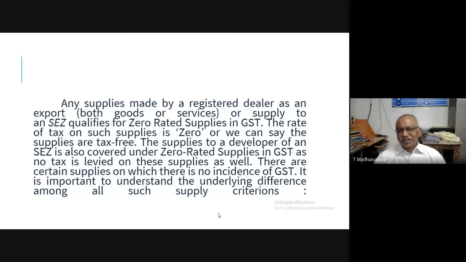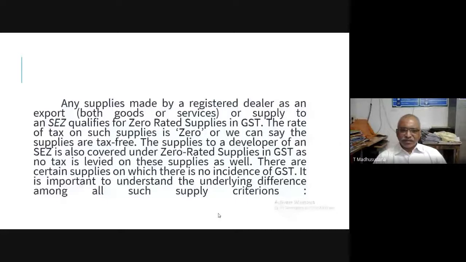So the supplies to SEZ units or SEZ developers will also be covered under zero rated supplies. There are certain supplies on which there is no incidence of GST. It is important to understand the underlying difference among all such supply criteria.